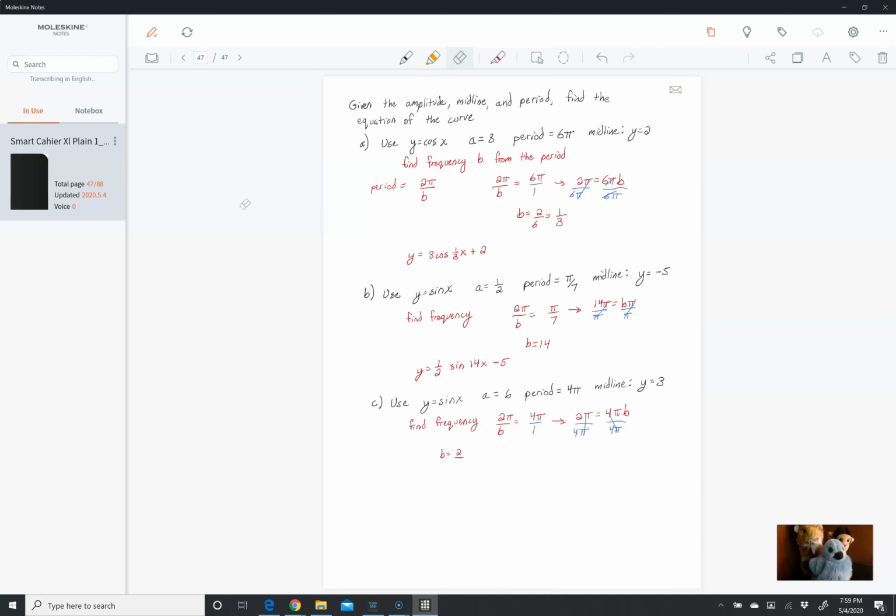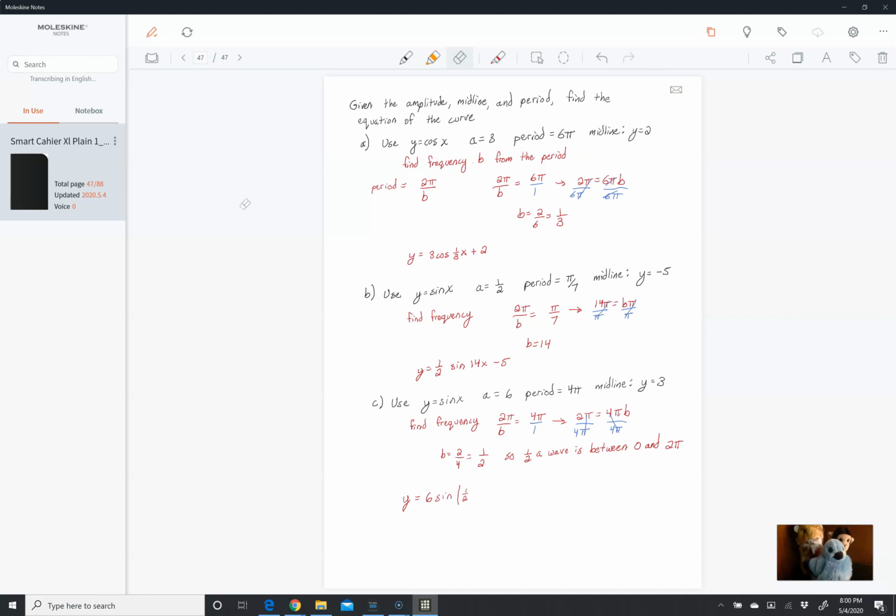And remember what this means. This means that only half a wave fits between 0 and 2 pi. Okay? So let's write our equation. Y equals 6, because that's our amplitude. We're using sine.